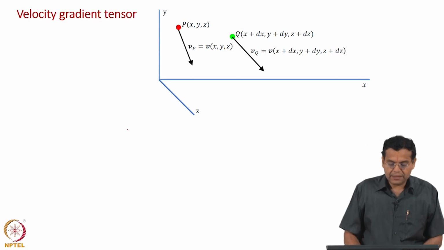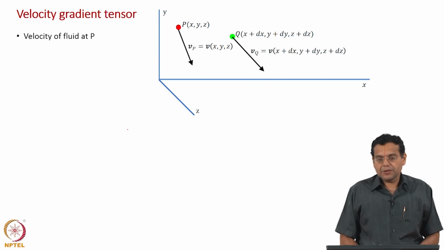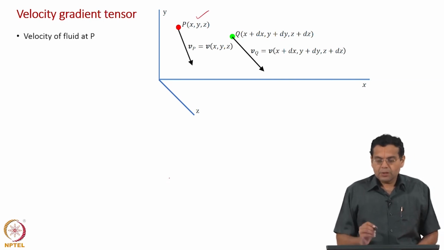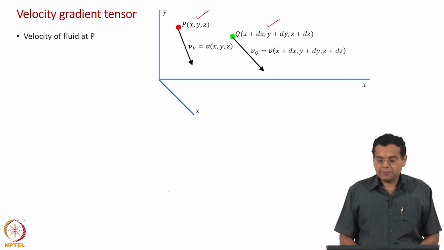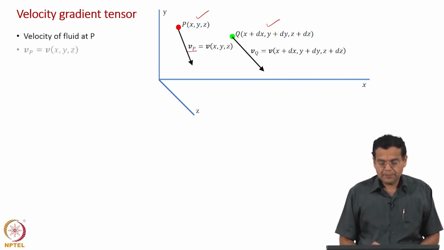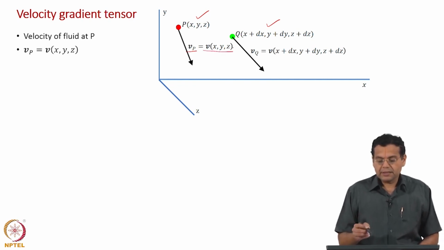Now, what do we do for that? We consider two points P and Q. The coordinates of P are x, y, z, coordinates of Q are x plus dx, y plus dy, z plus dz. So, they are two neighboring points in the fluid domain. Velocity of fluid at point P, let us denote by Vp, also equal to the velocity field at x comma y comma z.